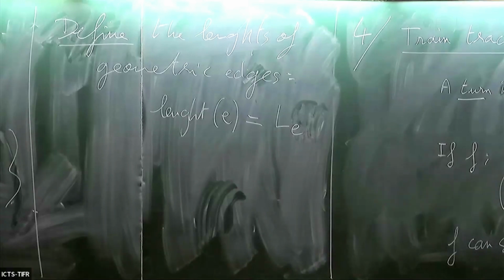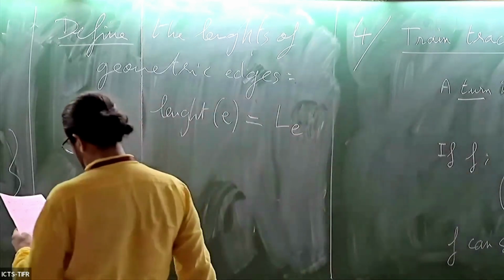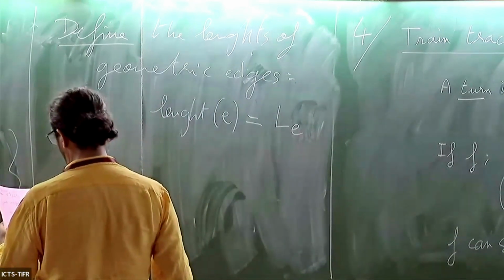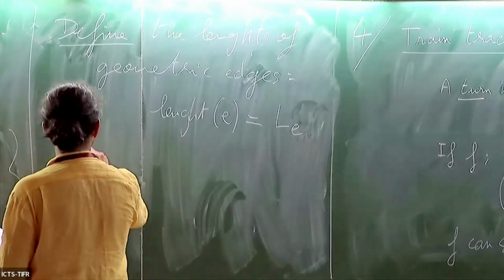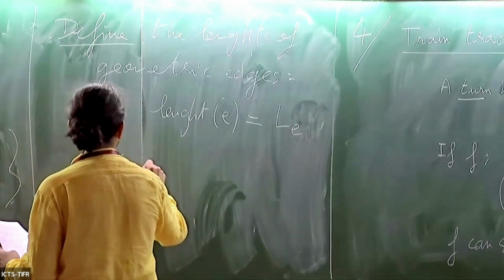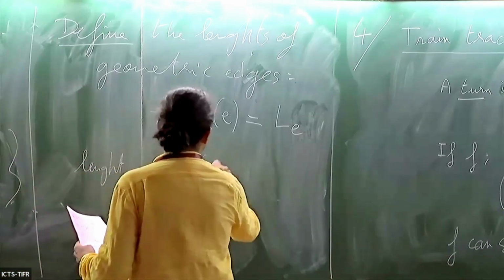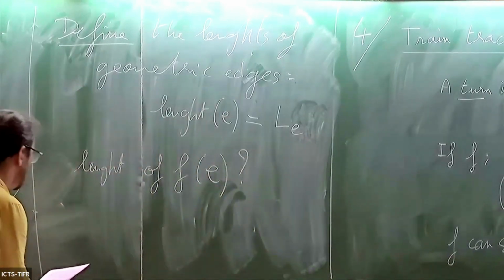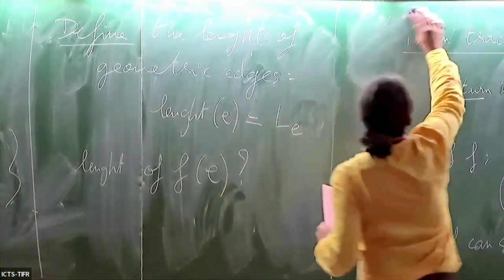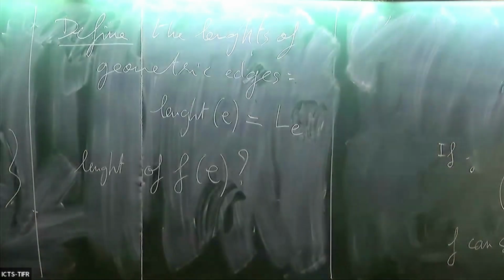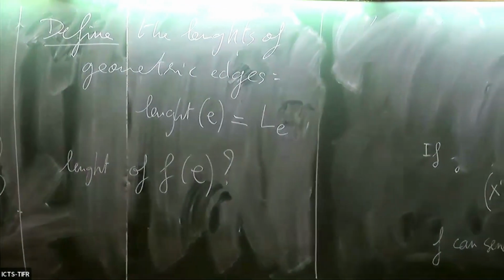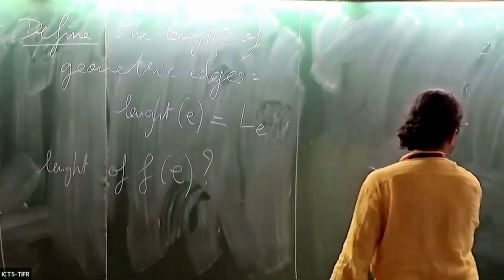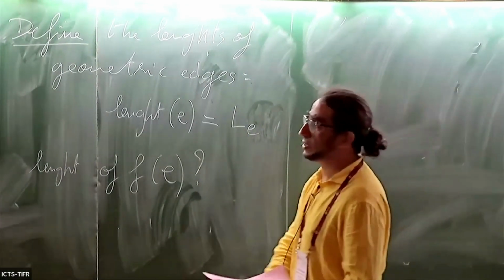And now I want to look at the length of f of E. So how to do that? f of E is a long path containing many edges, but those are all listed in the column of E of the matrix.